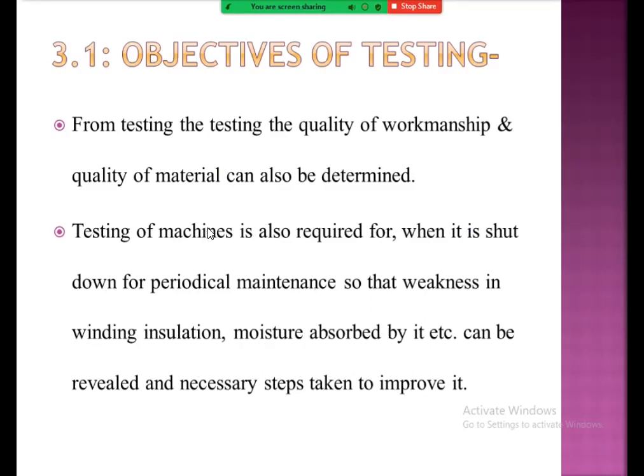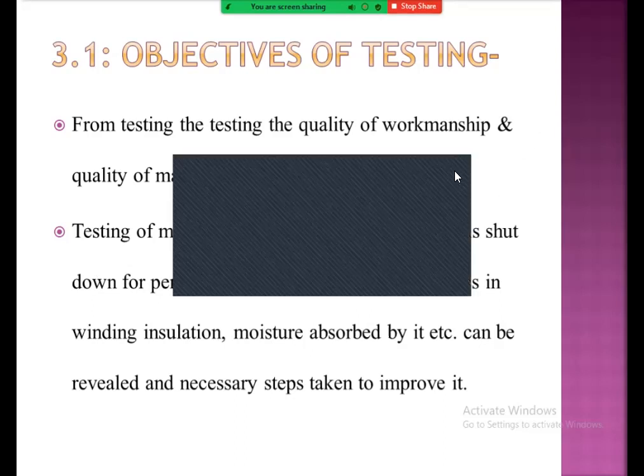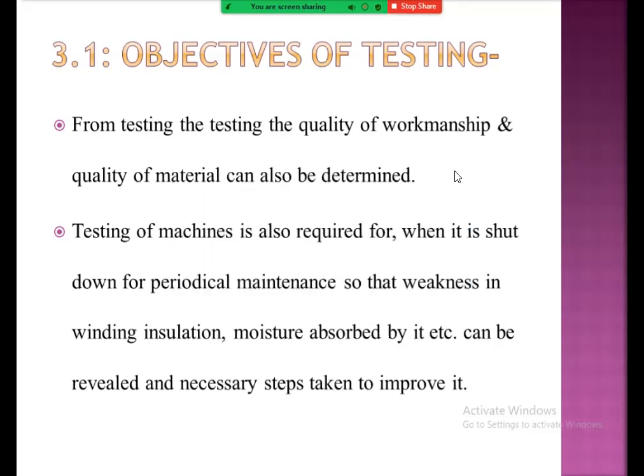Then testing of the machine is also required when it is shut down for periodical maintenance. Sometimes any equipment or machine is shut down for some reason. So there may be chances of corrosion, there may be chances of moisture being absorbed by the machine or any other part, and there may be chances of rusting of the parts of that machine.